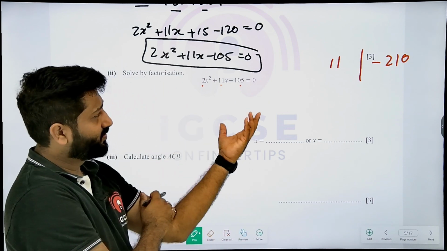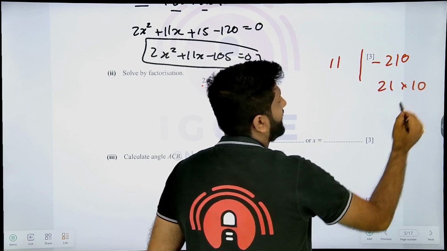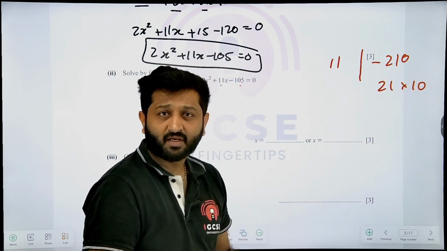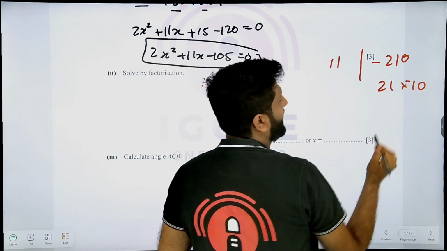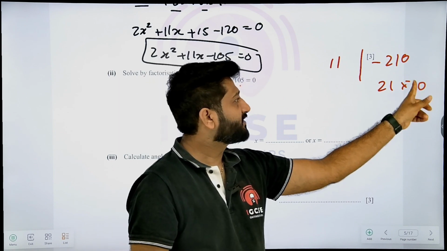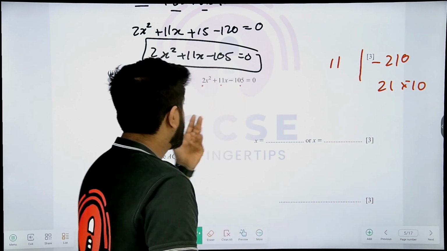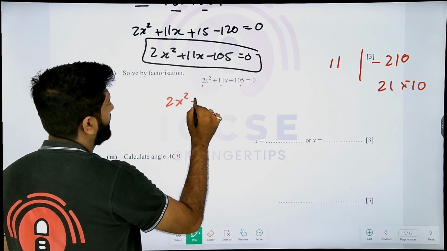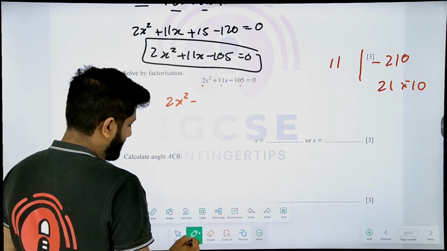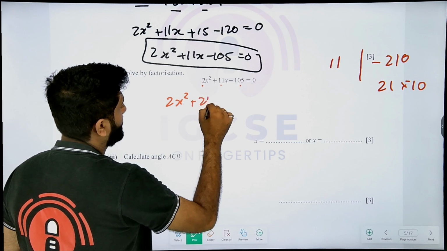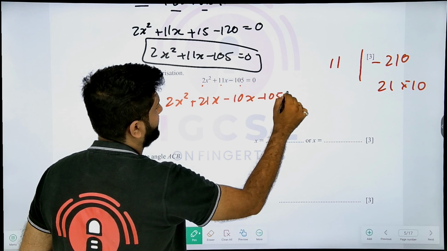And I think this is very much clear now. See, I know 21 times 10 will give me 210. And if I write this as 21 and minus 10, so 21 into minus 10 will give me negative 210, and 21 minus 10 is positive 11. So I'll rewrite this as 2x square plus 21x minus 10x minus 105 equals to 0.